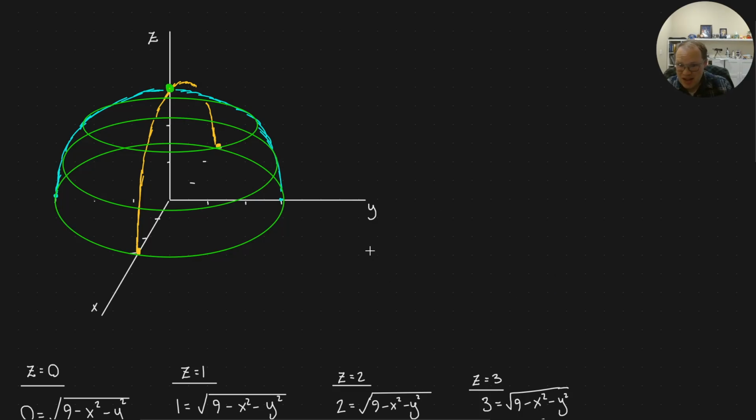I'm getting the upper half of a sphere. But only the top half.